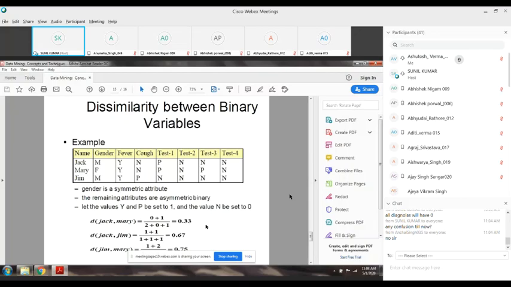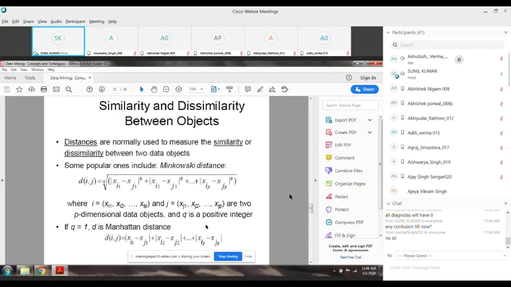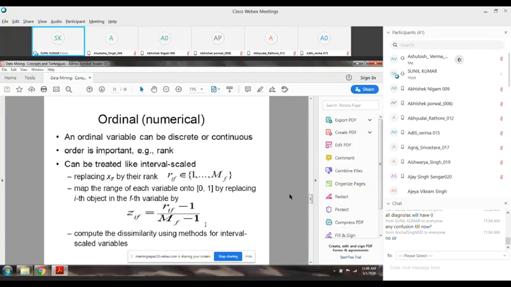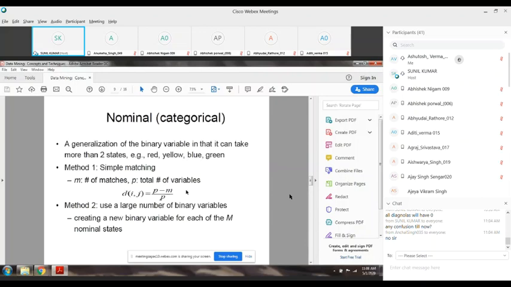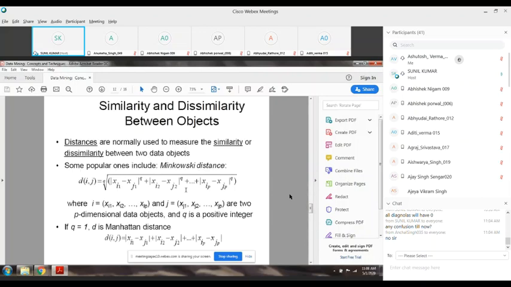So that I will show you in the next lecture. So I request you just go through this point, what interval scaled is. I have told you interval means interval is there, ordinal means you are imposing order. Similarity, dissimilarity, I always talked about.